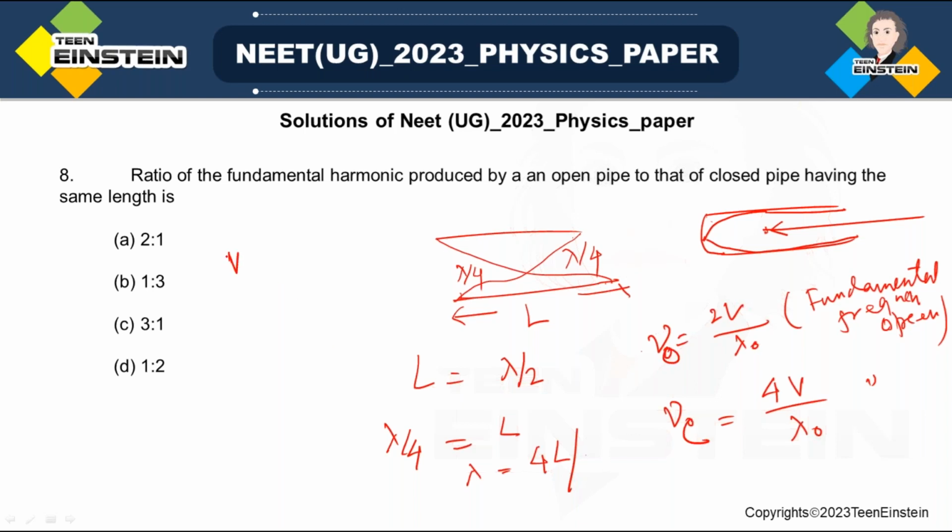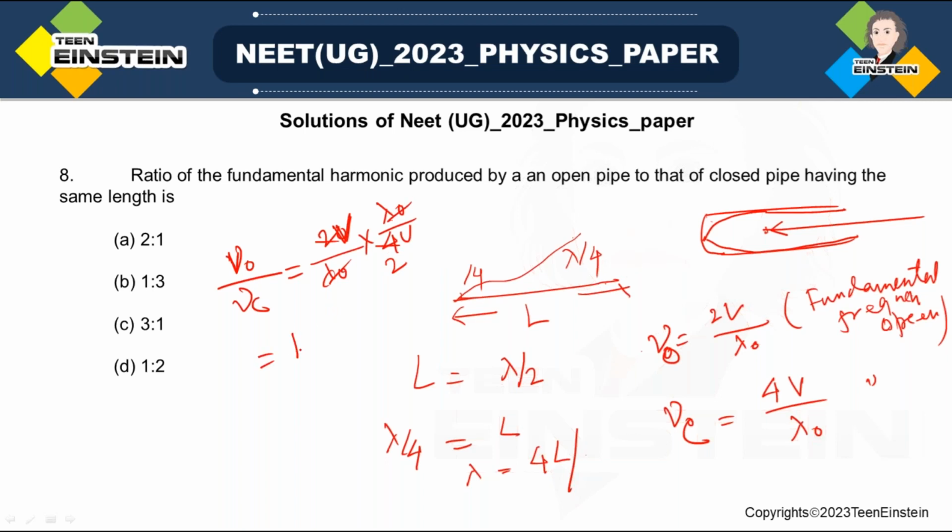So we have to take nu open, nu closed. 2v by lambda 0 and lambda 0 here by 4v. Okay, so we'll just strike them out. 1:2. So it will be actually 1:2.